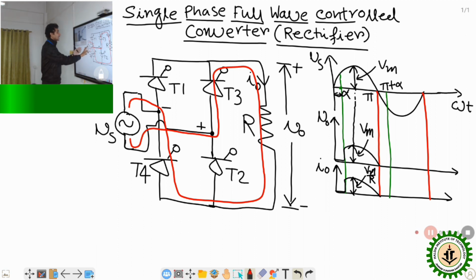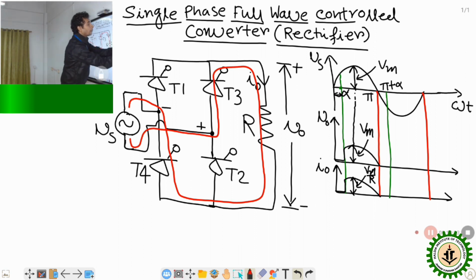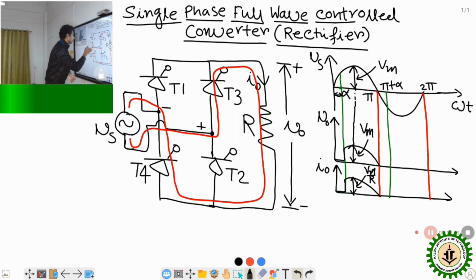So as you can see, though the supply has reversed, the supply in rectified form will appear across the load: here will be positive, here will be negative, the same as before. So from pi plus alpha to 2 pi, the supply voltage gets rectified. Plus will be here and minus here, as in the positive half cycle.